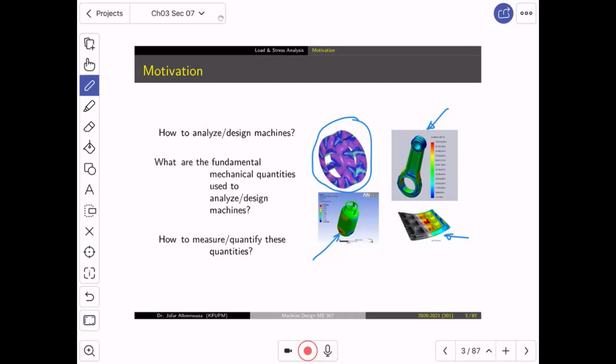However, we always tell our students that jumping into the software to produce these nice fancy colors is very critical, very dangerous actually. If you are good at finite element, by the way, we call it finite element analysis, abbreviated FEA.